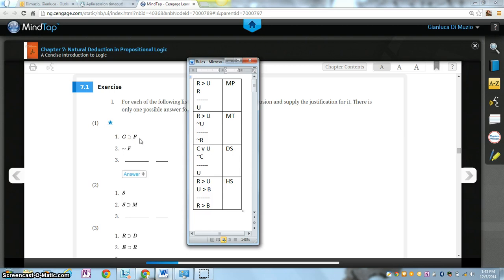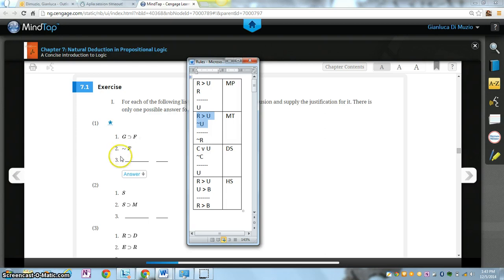What we have here is a situation where there's a conditional and then there is the negation of the consequent. So this is what you have. Just like here, there's a conditional and there's the negation of the consequent. So what is inferred is the negation of the antecedent.